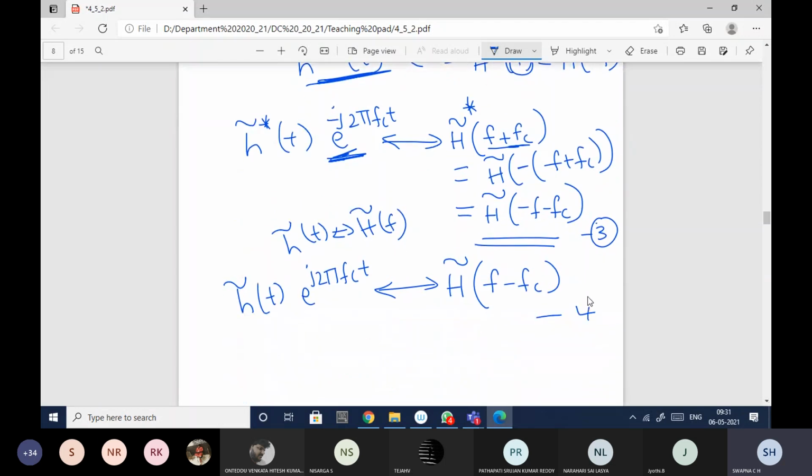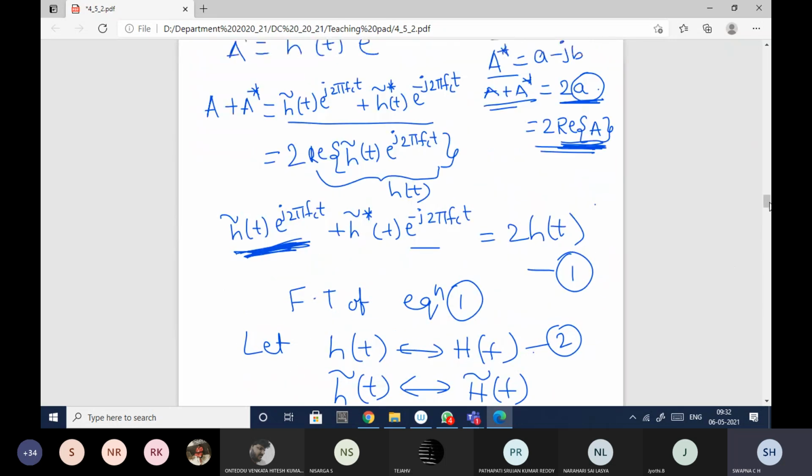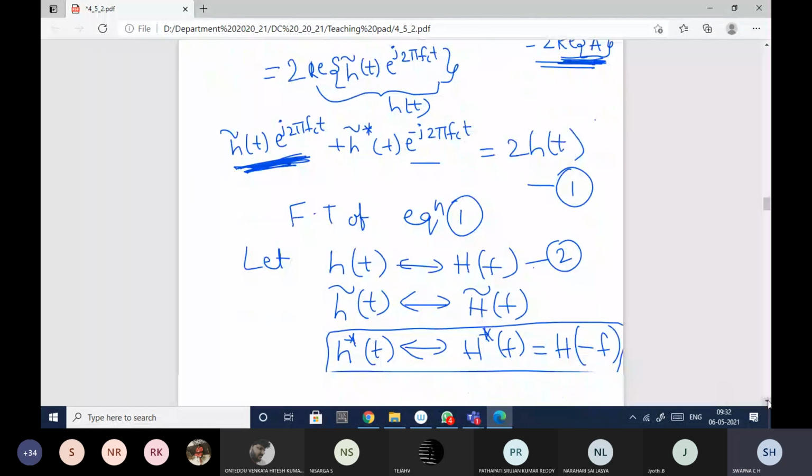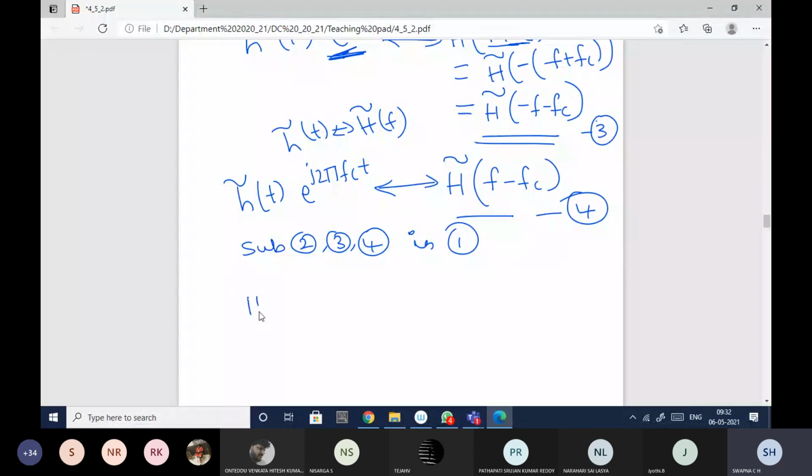This I'll write as 4. Now what I'll do? I'll substitute 2, 3, 4 in 1. So instead of the first term, I can write its Fourier transform as this one, fourth one, h tilt of f minus fc.